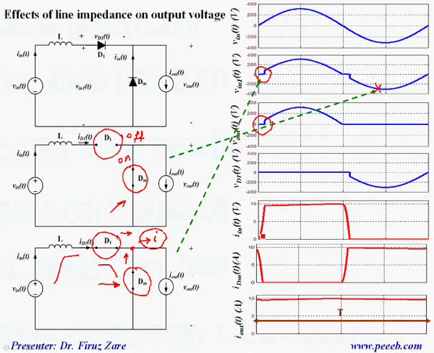So over this period it takes time to turn off this diode and to turn on this one completely. So over this time there is a short circuit, the output voltage is 0, and also input voltage, that means this voltage, has been affected by line impedance.